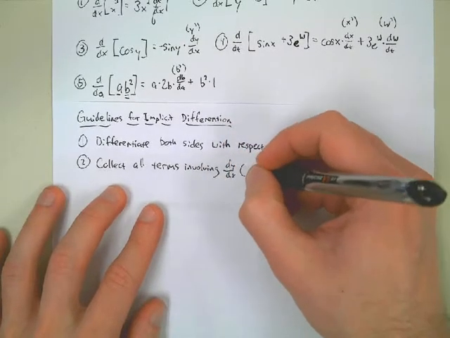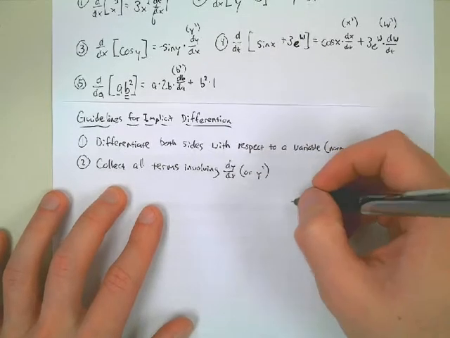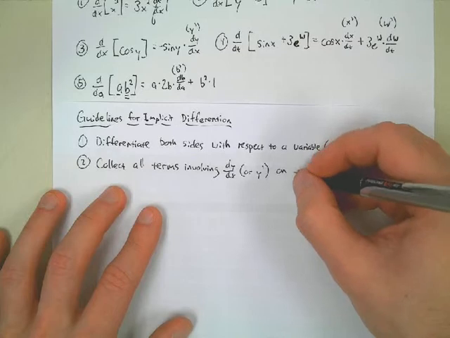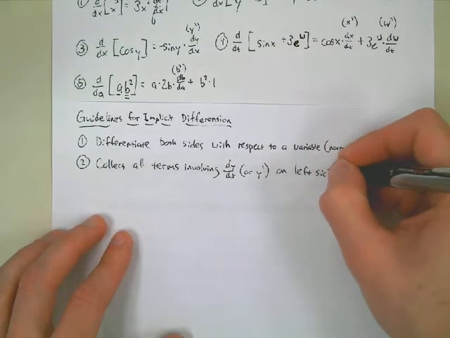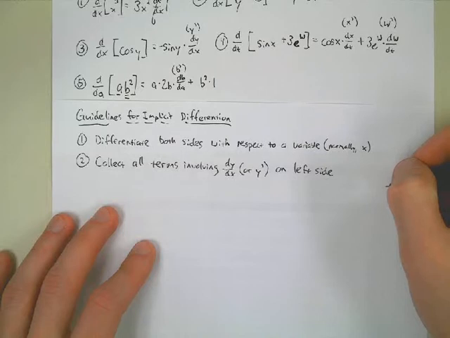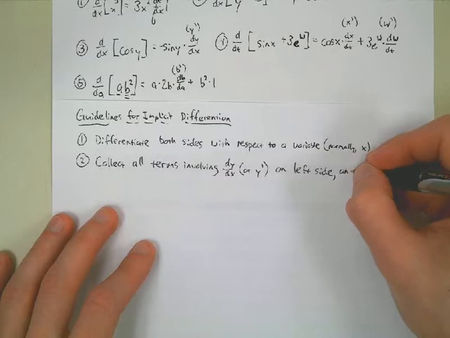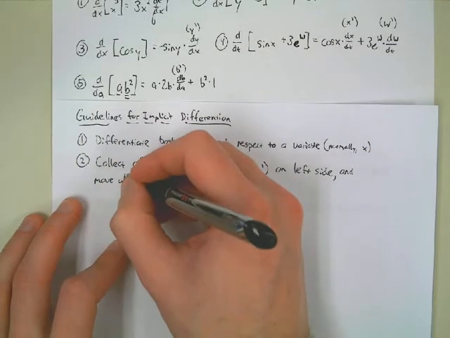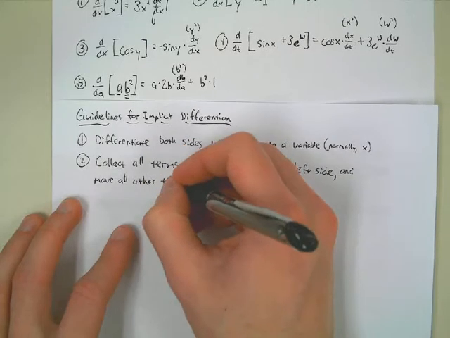Collect all your derivative terms on the left side, and move all other terms to the right side. It doesn't matter which side, but I'm just going to specify the left side here.